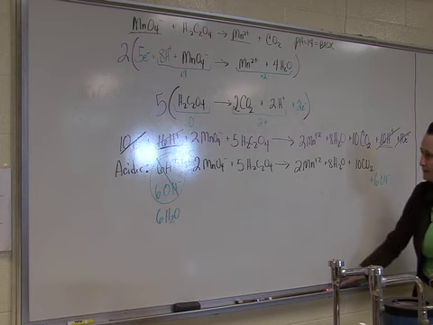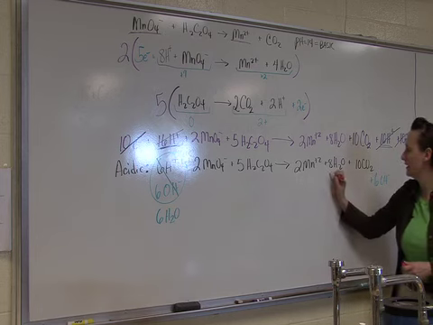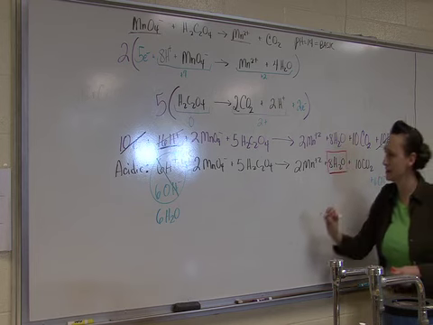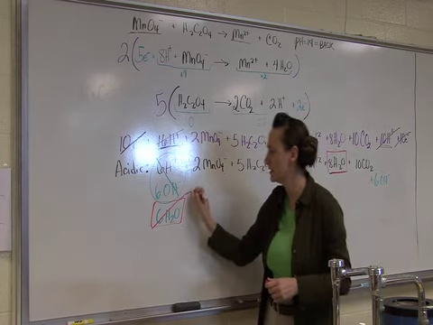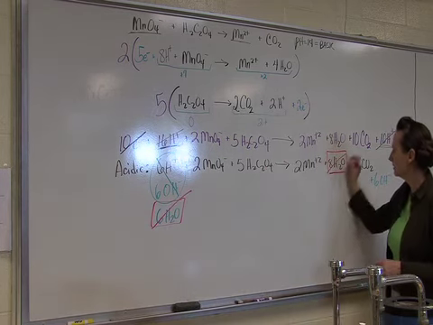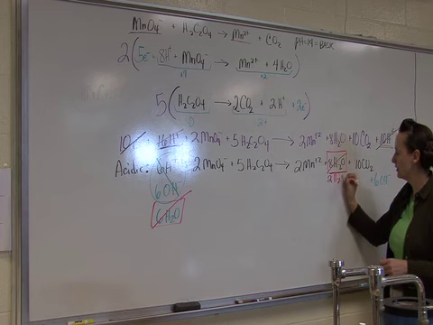So I have 8 H2Os here and 6 H2Os here. All 6 will cancel and leave me with 2 H2O.